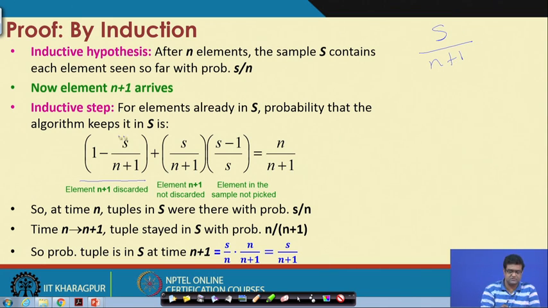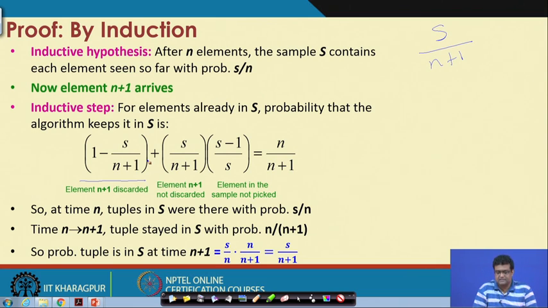So, this is one possibility. In this case, with probability 1, all the existing elements are kept.